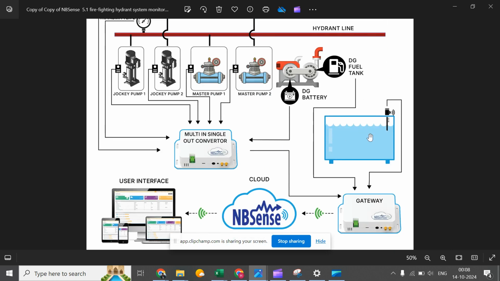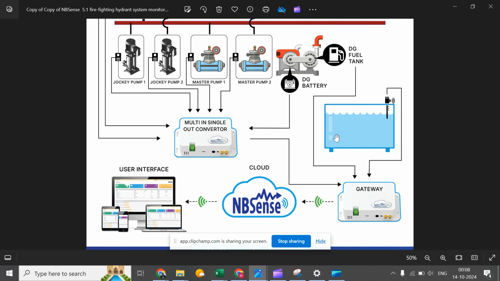Then another parameter is the overhead water tank level, which is detected by a dedicated sensor that comes to the gateway directly. The DG fuel tank level also comes directly to the gateway because the output is RS485, read by our gateway.